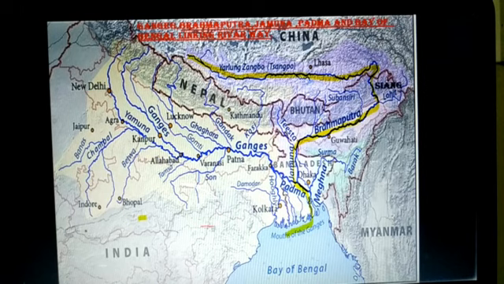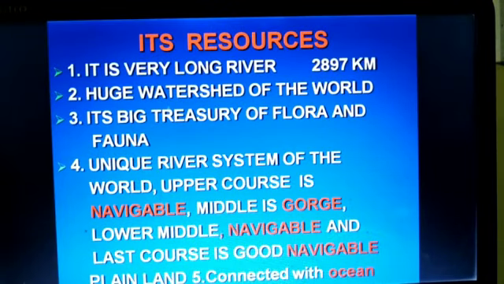And it is a resource. So many resources are there. It is a very long river, that is also one resource. Huge water resource. It's a big treasury of the world, and flora and fauna. And a unique river system of the world.